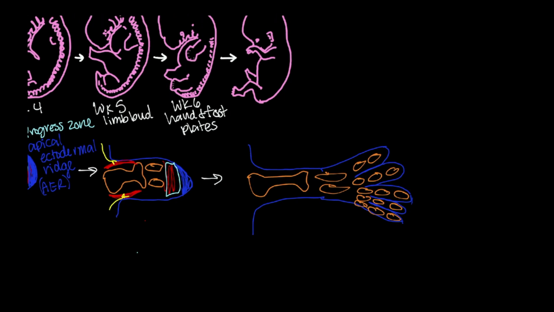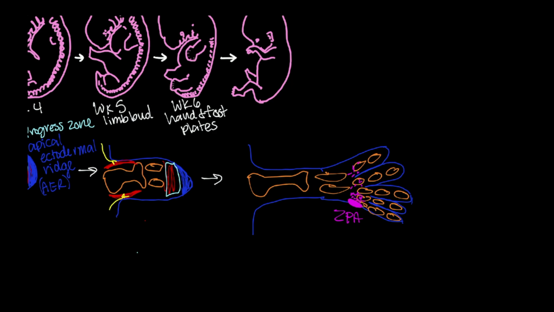You might be wondering, how does the pinky and the thumb form? They're on different sides. There's what is called the zone of polarizing activity, or ZPA, that will form on the ulnar side, or the pinky side, of the limb. And essentially, ZPA will secrete morphogens, and it will create a concentration gradient across the length of the limb.